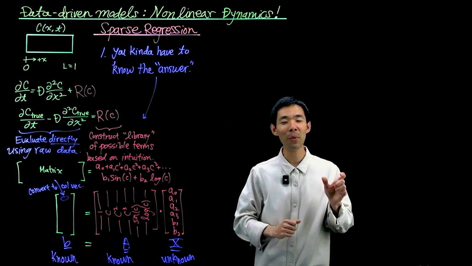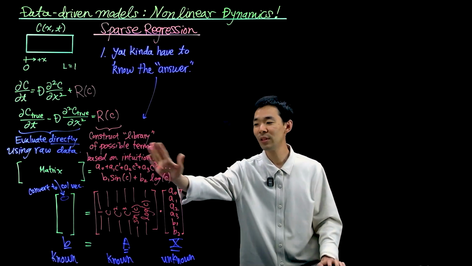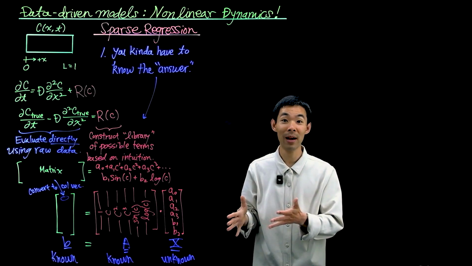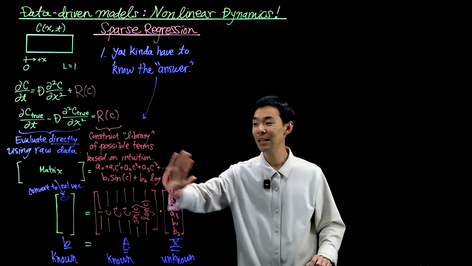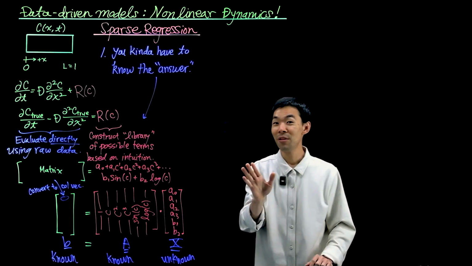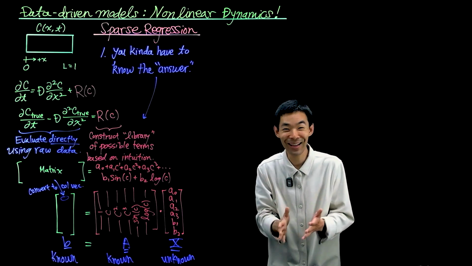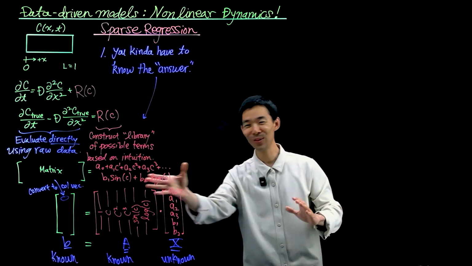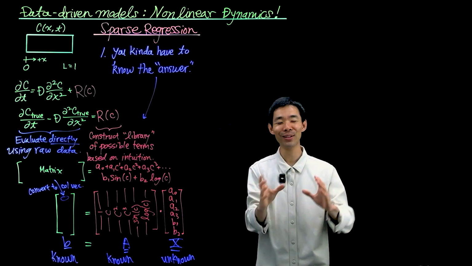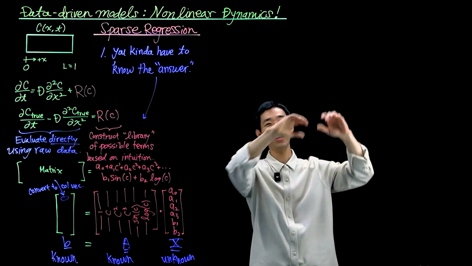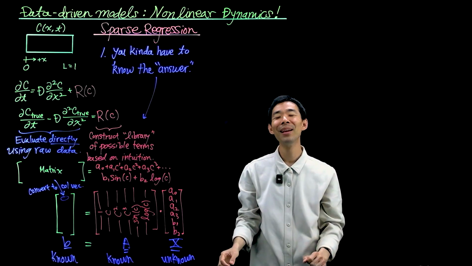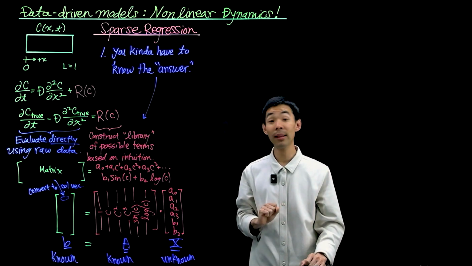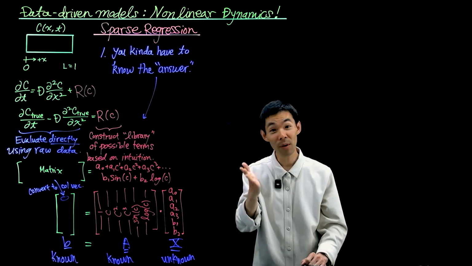If that was an important part of your dynamics and you didn't include it in your library, you are going down a completely wrong path. Because if your answer is not in your library, you are done. You're never going to get the right answer, because the search space is confined to the terms inside your library. That's really one thing that is important for you to think about.